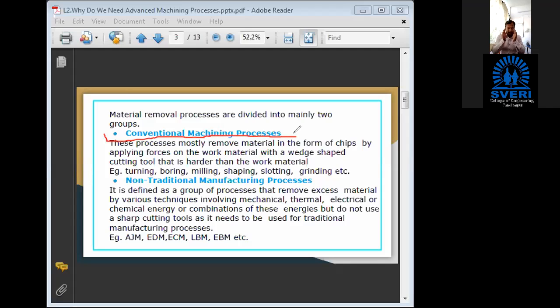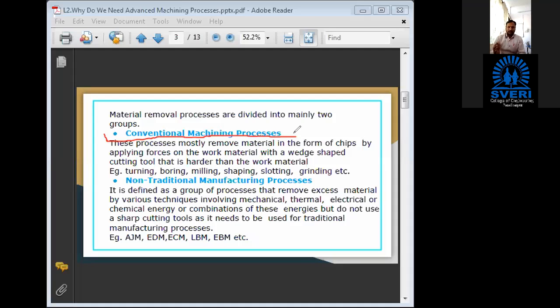The processes mostly remove metal in the form of chips by applying force on your workpiece, or work material. How do they apply the force on the workpiece? With an edge-shaped cutting tool that is harder than your workpiece.